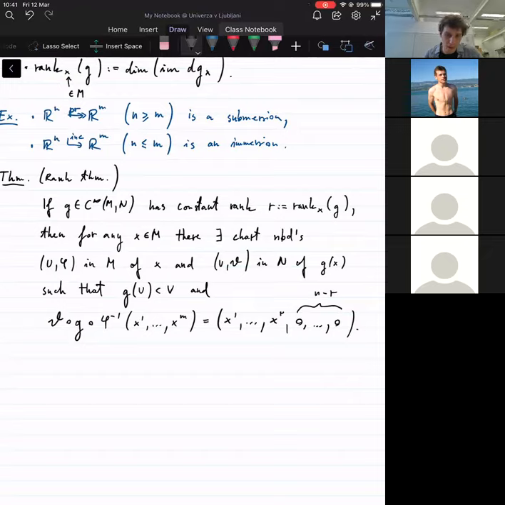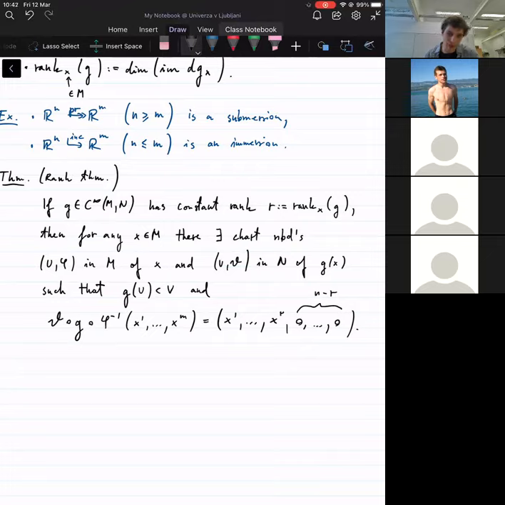In the case where, for example, we're dealing with a submersion, here we would have r equal to n, so there would not be any zeros left, right? So necessarily m would be greater than or equal to r in the case of a submersion.